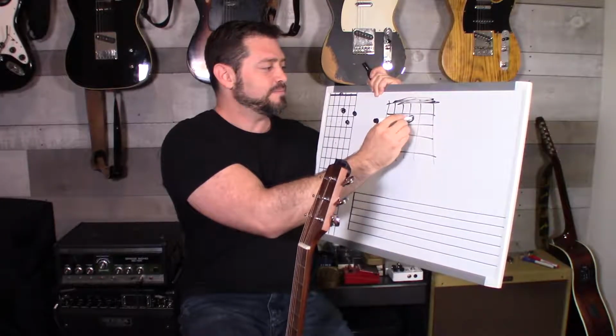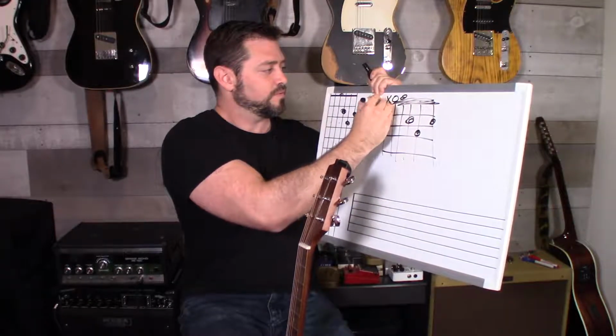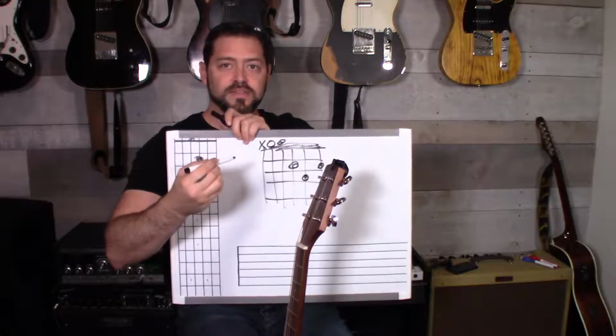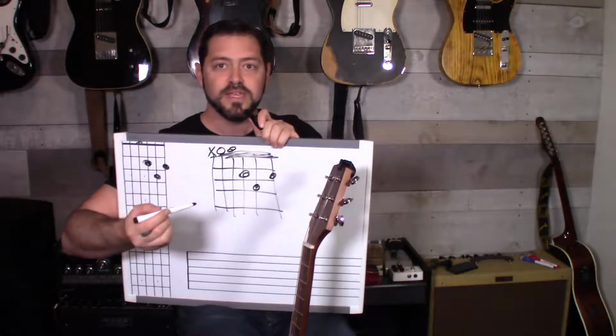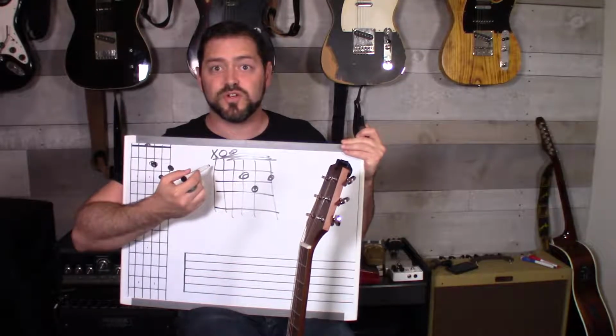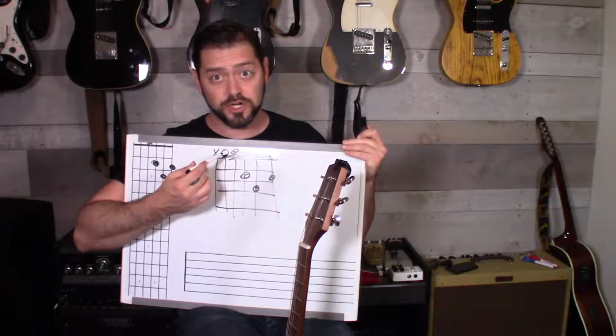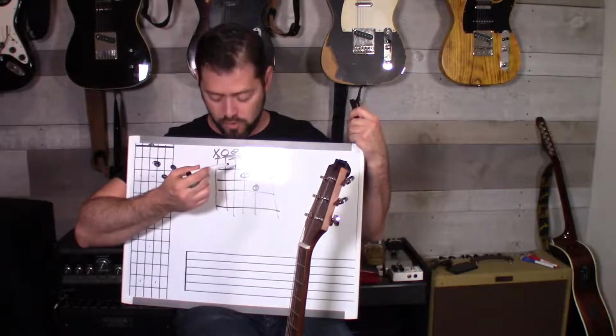I'll draw that same diagram here. The way that I drew it here now is you've got an X on top of the 6th string, which means you're not going to play that string. You've got an O on top of the 5th string, so you're going to play it. You're not touching anything, though. It's going to be played open.